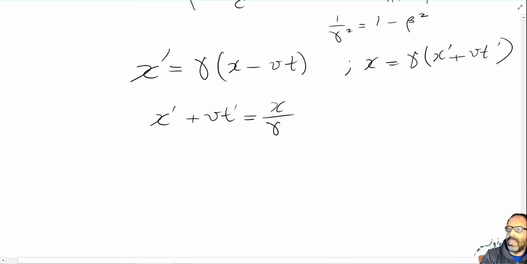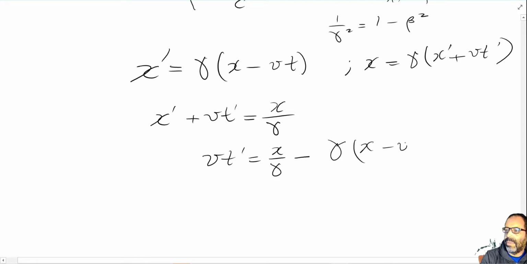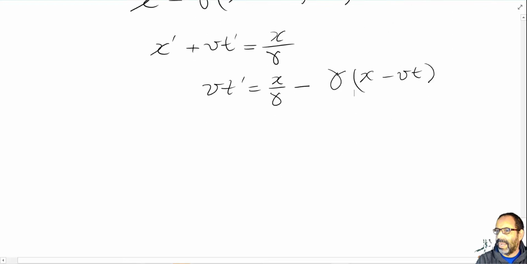And I know what x prime is. It's this expression. So that means vt prime is equal to x over gamma minus gamma times (x minus vt). I have a minus times minus, which is going to be a positive, and I have a gamma in front of it, so I'm going to take gamma out of everything here.